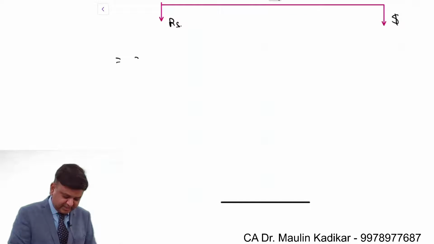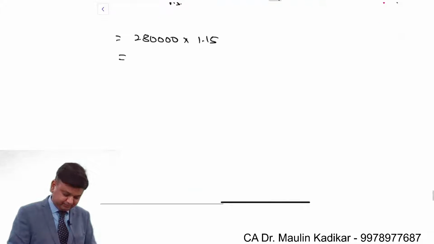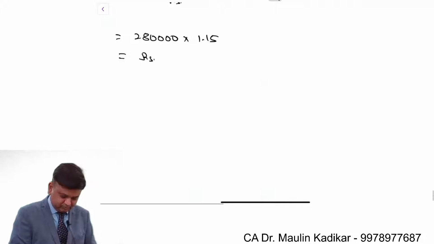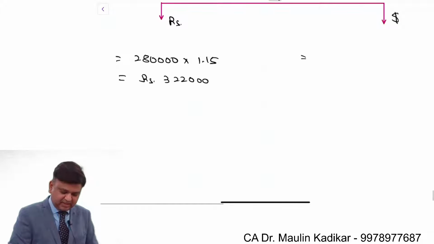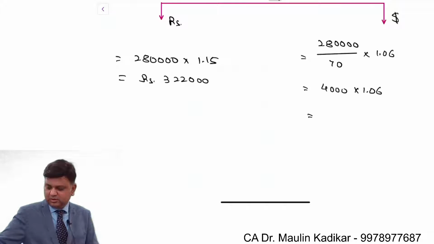In rupee currency 2,80,000 into 1.15, 3,22,000. And in case of dollar currency, 2,80,000 upon 70. So 4,000 into 1.06.